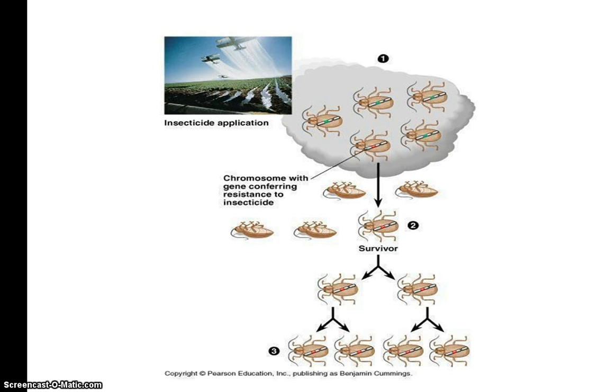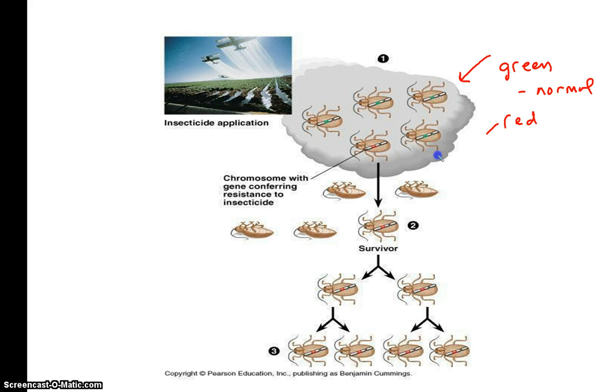And here's what happens because of that variation. If we look at number 1 here, here is our initial population, in this case cockroaches, and there are two different alleles. There is a green allele, and this is the normal. But there's also in this population a red allele.